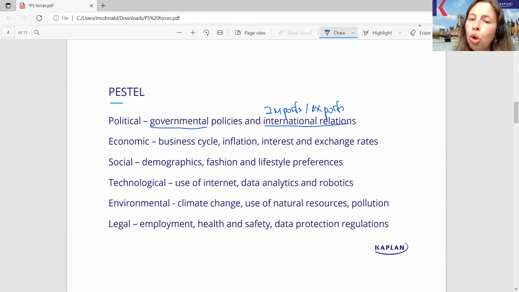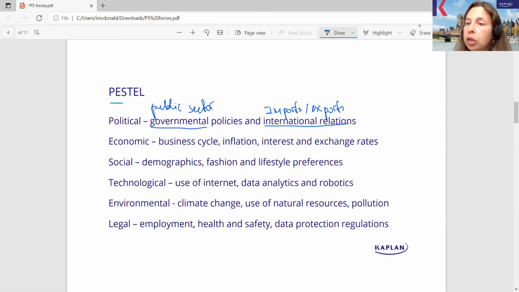But it's not only commercial entities that are impacted by governmental actions. Think about public sector organizations. Public sector organizations often operate in sectors such as healthcare or education.